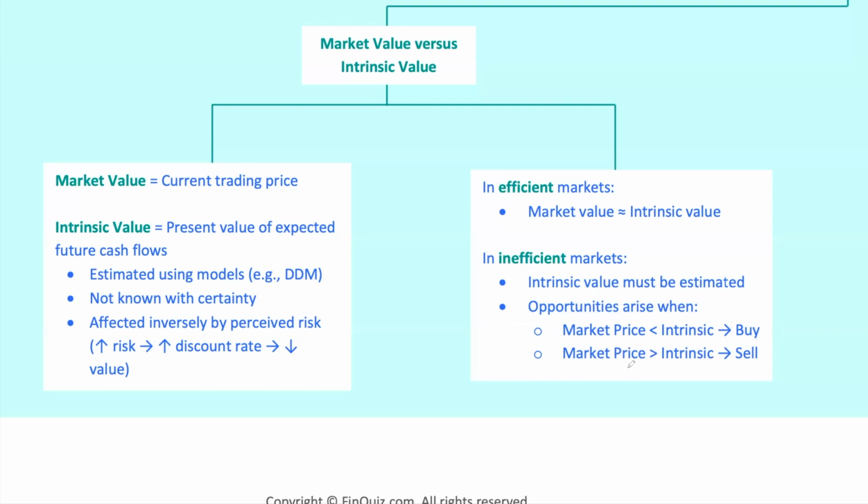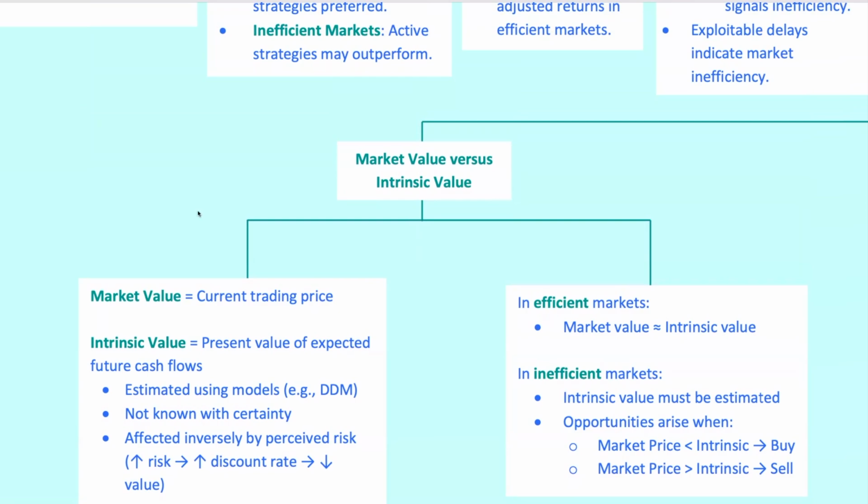Or if it's trading above what you think it's worth, maybe it's time to sell. That's the bread and butter of active investing, spotting those gaps. But again, those gaps only exist if the market isn't efficient. And that's exactly why understanding market efficiency is so critical. It helps you decide which investment strategy actually makes sense in a given market.